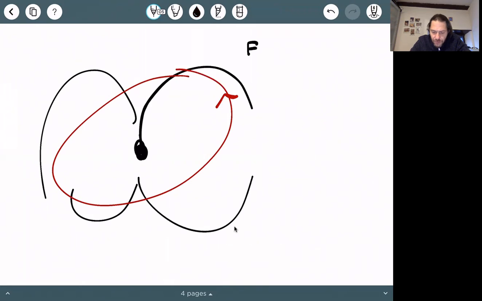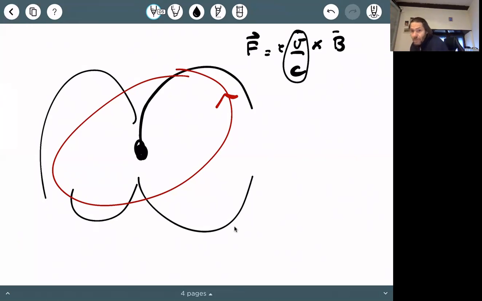Now the force that the electron would experience, in appropriate units, would be proportional to the velocity crossed with the magnetic field, divided by the velocity of light, times the charge. As long as the velocity of the electron is small compared to the velocity of light, this would be very, very small.